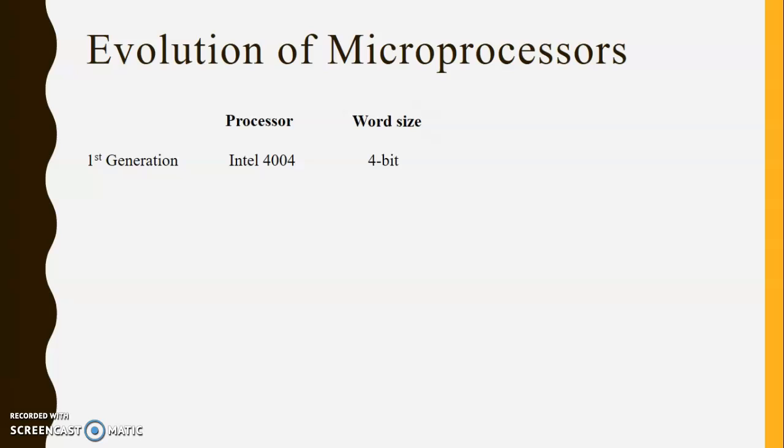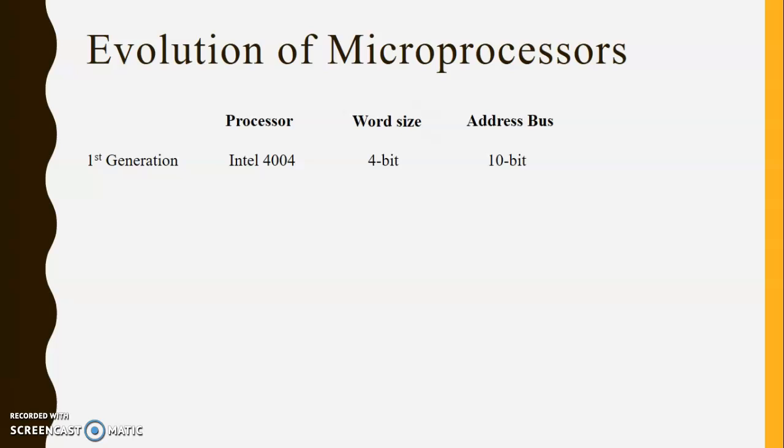Its word size was 4-bit. Word size is nothing but data bus size. So data bus of Intel 4004 was 4-bit. Its address bus size was 10-bit.